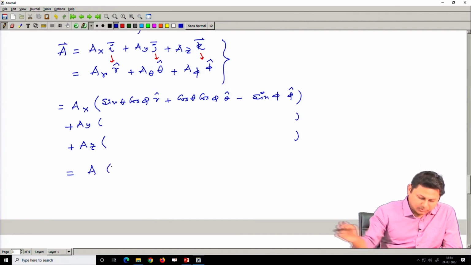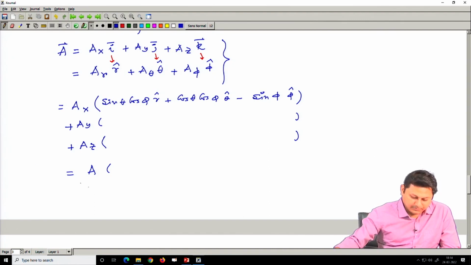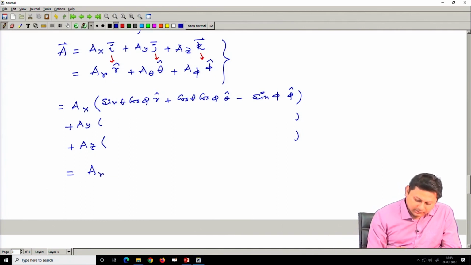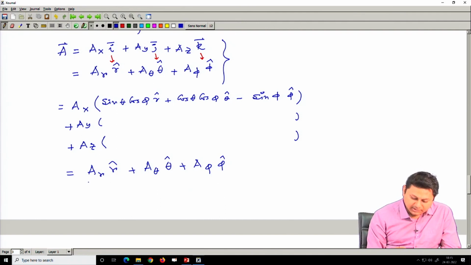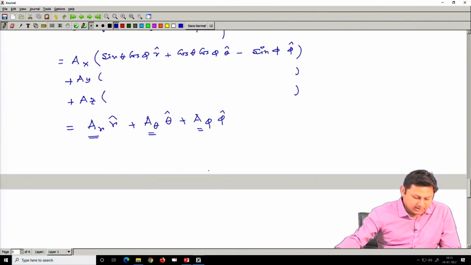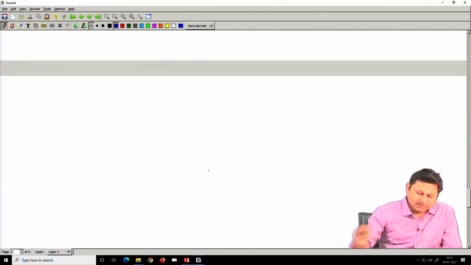These things are equivalent to Ar r unit vector plus A theta theta unit vector plus A phi phi unit vector. You gather all the r unit vector terms, theta terms and phi terms inside Ar, A theta and A phi, and after doing that I am just writing the final expression.